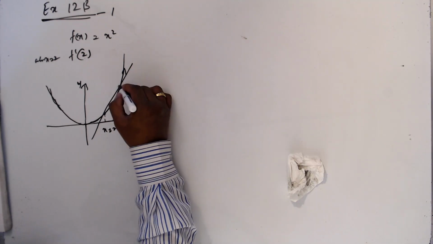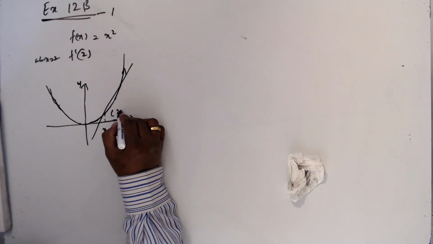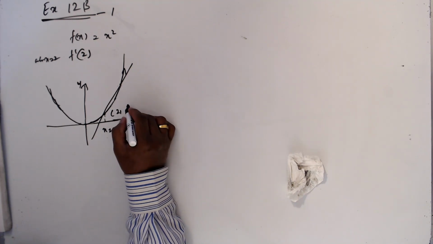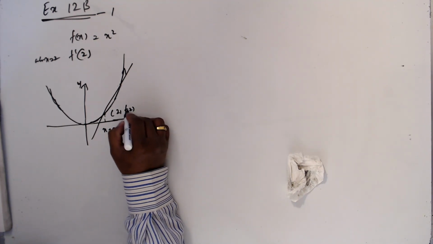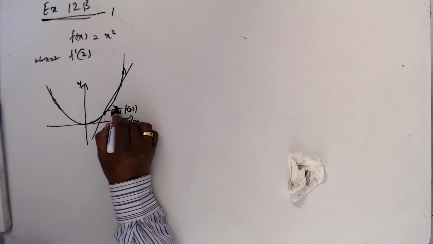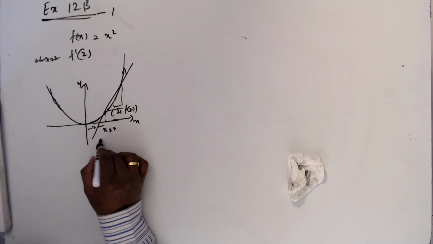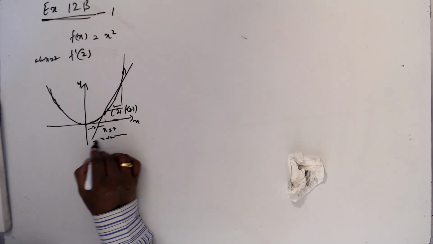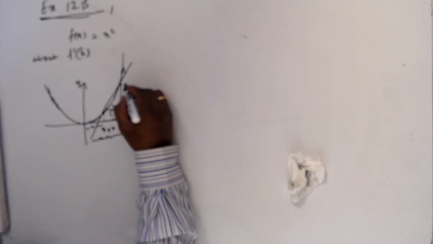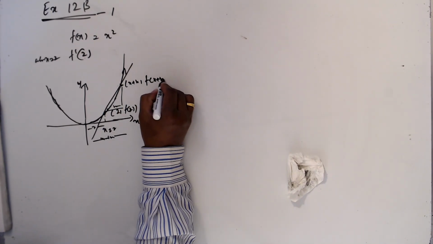So this is the PQ line. This x value is 2, then this is going to be f(2). And then we take a point h away. So this is x, then x plus h distance, then this is f(x plus h).